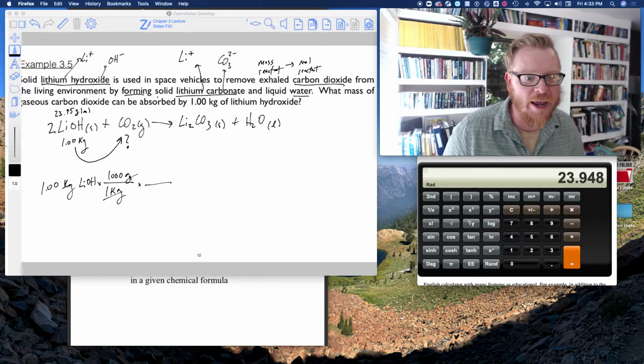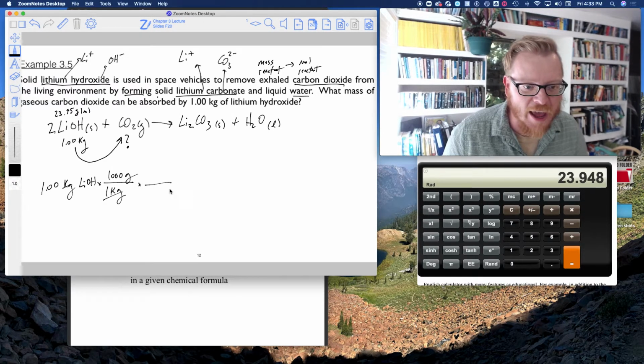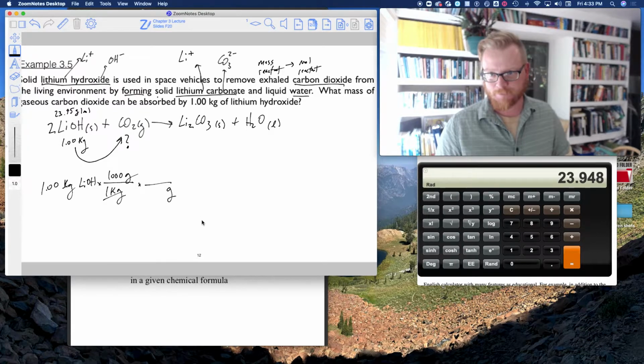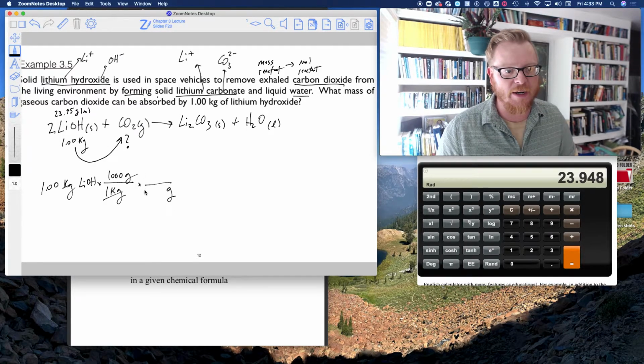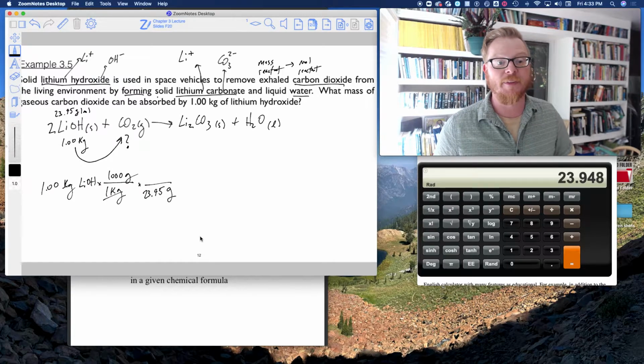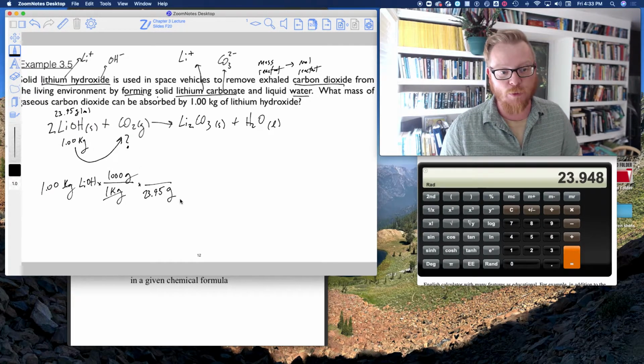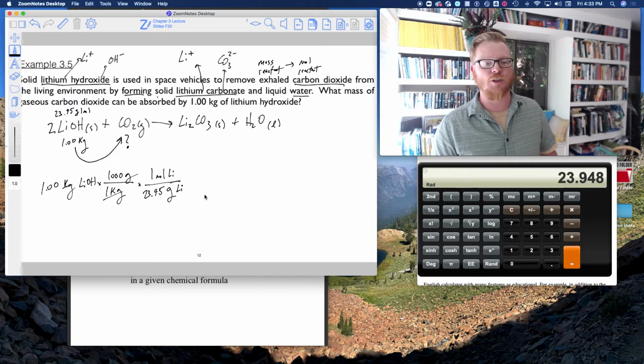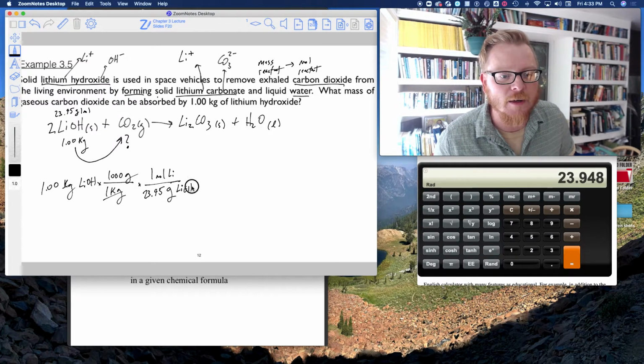But now how do I use that number? Well, I've got grams here, so I have to have grams on the bottom. I know it's going to look goofy to write this upside down, but this is how I have to do it: 23.95 grams of lithium hydroxide in 1 mole of lithium hydroxide.